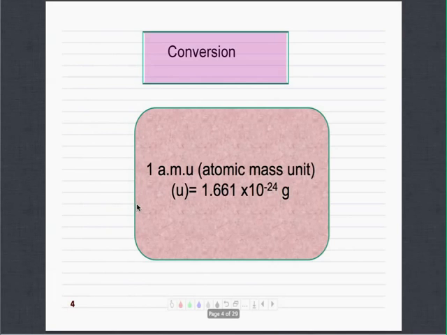No. If you're asking where they got this number from, this is 1/12 of the mass of 1 atom of carbon-12. And this is a convention. The scientists said, okay, I wanted 1 atomic mass unit to be equal to 1/12 of the mass of 1 atom of carbon. This is where this conversion comes from.